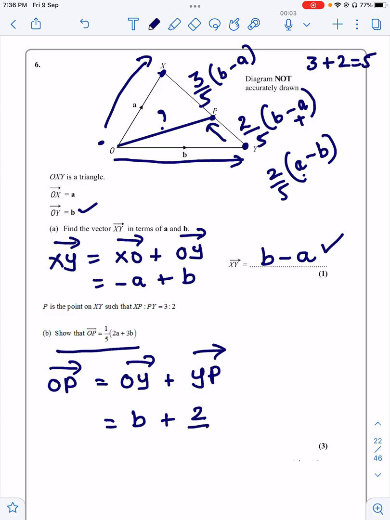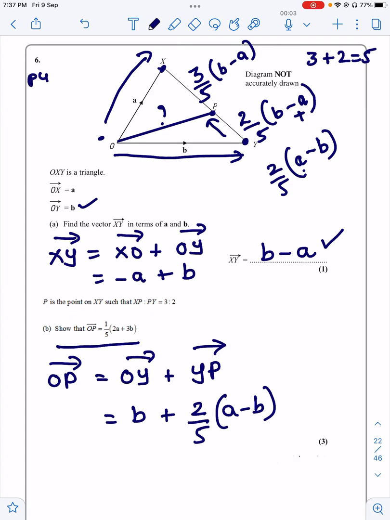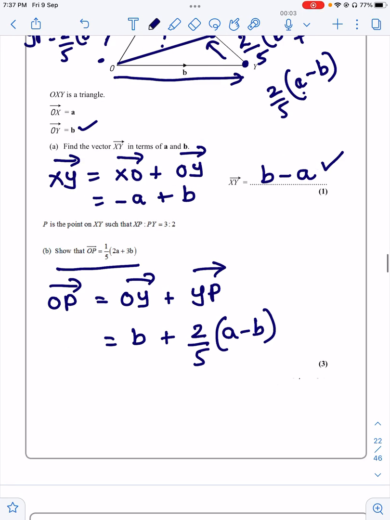So here I write 2 upon 5 (a minus b). Remember, b minus a and a minus b are not the same, because I had PY as 2 upon 5 (b minus a). So YP will be 2 upon 5 (a minus b). Nothing happens to the fraction, only the alphabets change the sign. Remember, my dear students. So here I have to simplify.